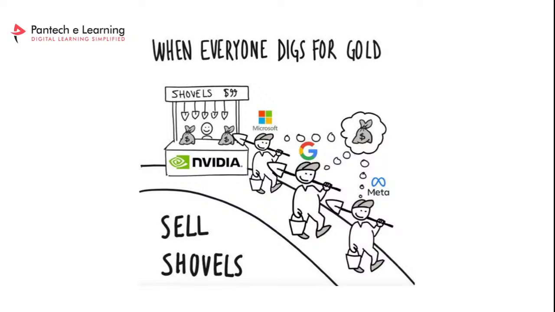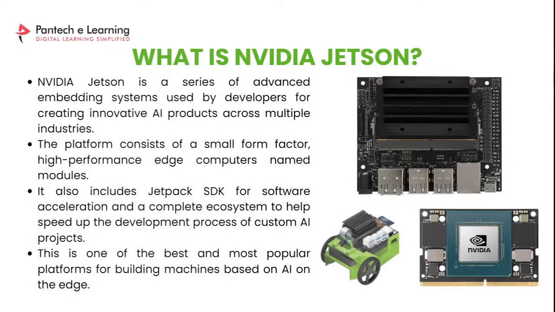So now let's move to Nvidia Jetson. First we need to have an idea about what Nvidia is as a company. We have talked about it properly. So now what is Nvidia Jetson? Jetson is nothing but hardware. It is a series of advanced embedded systems which is actually used by developers for creating innovative AI products across multiple industries.